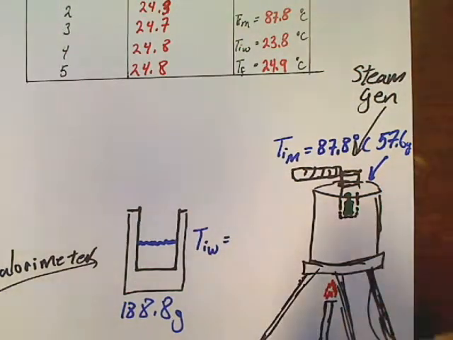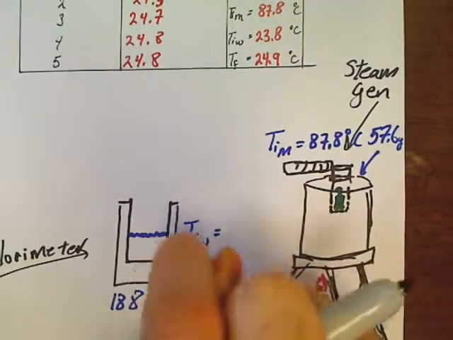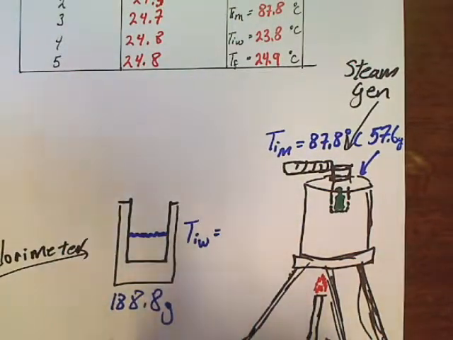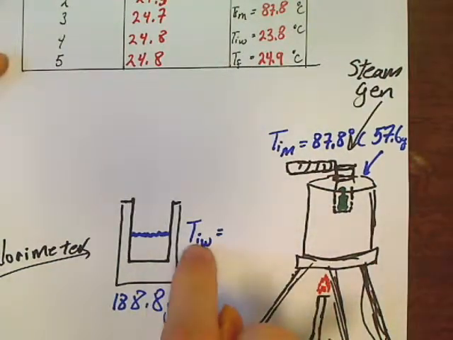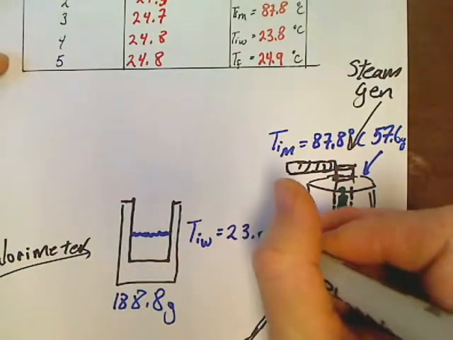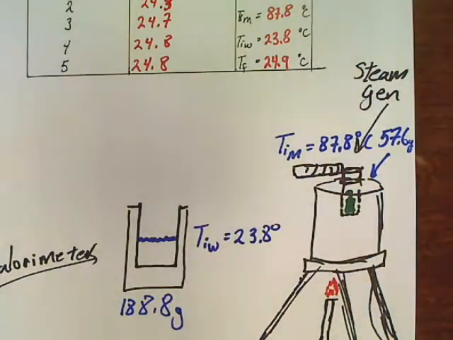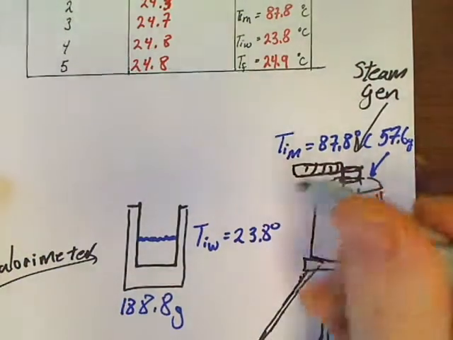I know the old lab says TiH2O, but I hate writing H2O when I could just write W in its place. They've got temperature initial of the water at 23.8 degrees.